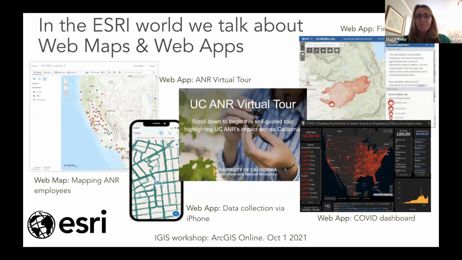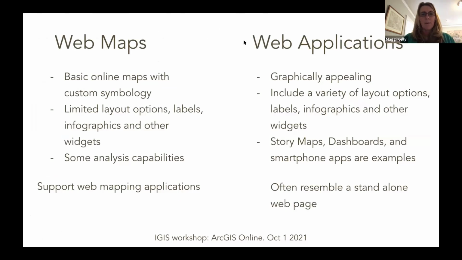Or another web app is the ANR Virtual Tour. That's a story map built. The one at the top is a fire perimeters web app that Sean built of the Calder fire, kind of a real up-to-date look at that fire perimeter. And the one on the bottom is one we all turned to so much last year. This was a COVID-19 dashboard from Johns Hopkins. So all of these are created in the Esri world through web maps and web apps.